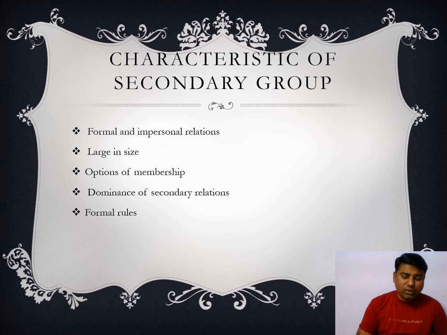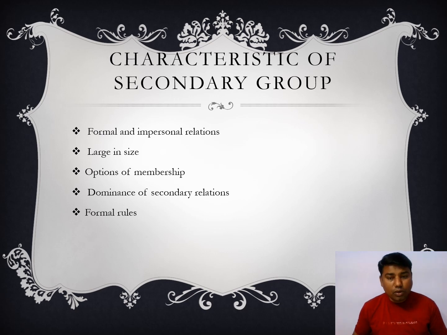The formal rules are there in secondary group. There are formal rules and regulations. The formal rules and regulations have to be followed by the members of the secondary group, and a secondary group is regulated by formal rules and regulations.